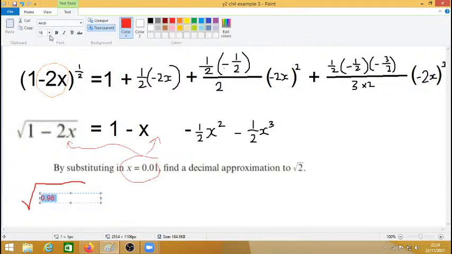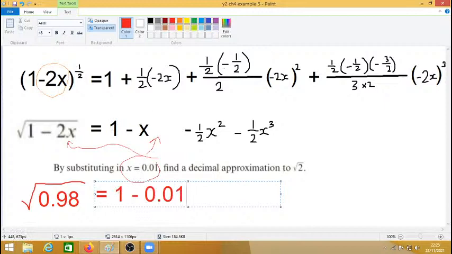Then we want to carry on with the substitution, but after the equal sign, the 1 just stays as 1, minus x now becomes minus 0.01.